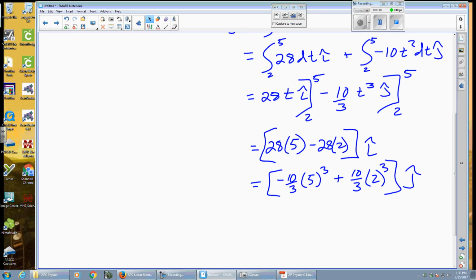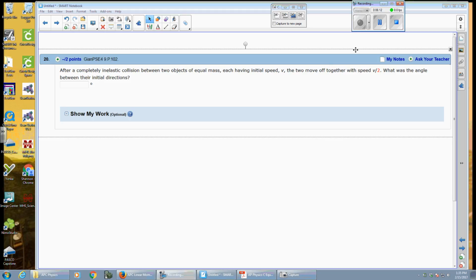Is that good? Yeah. So the two objects have equal mass, and since it's completely inelastic, afterwards there'll be one object of double the mass.